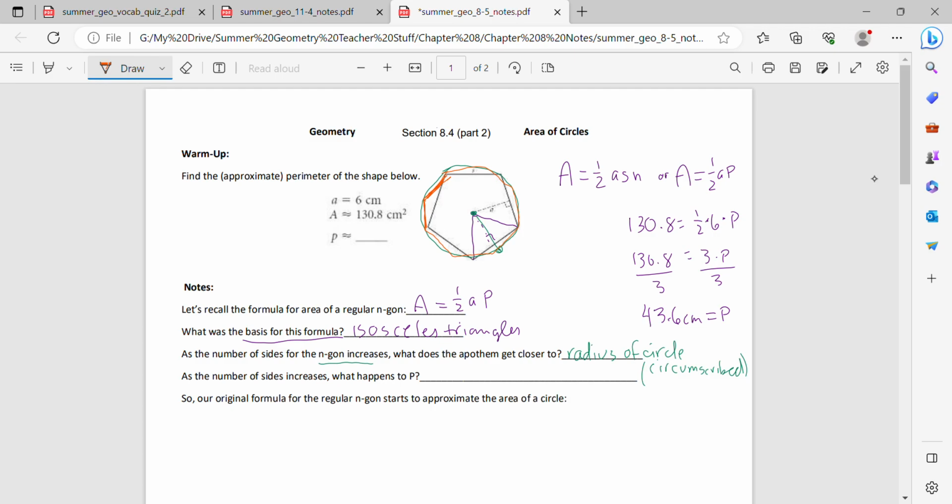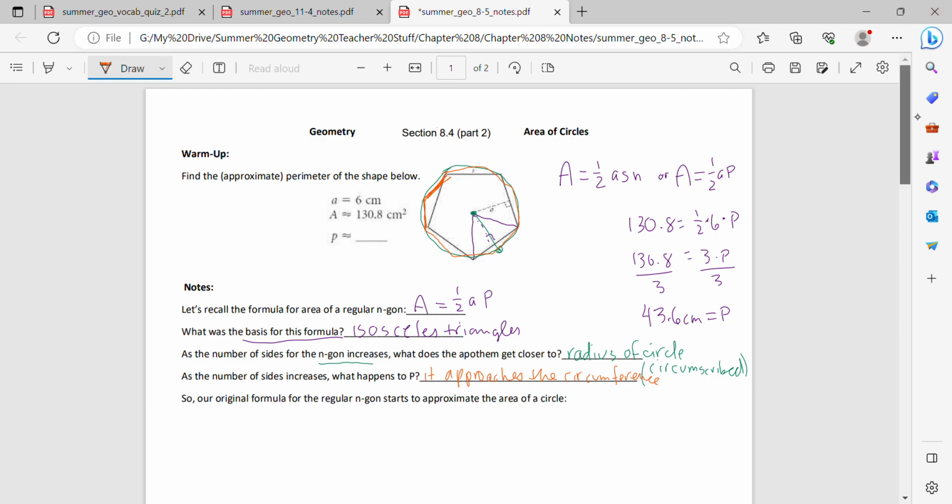So as the number of sides increases, what happens to P? It approaches the circumference, again, of this circumscribed circle.